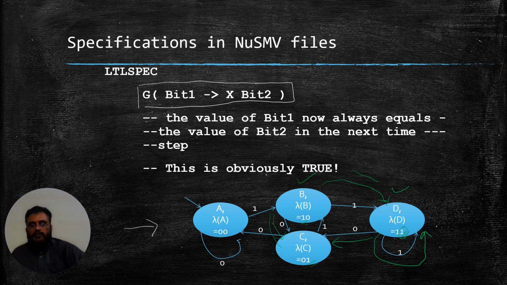Which means on this path also, if in the current state D bit 1 was 1, and if we take the transition and D becomes the next state of itself, then bit 2 is true. So on 3 paths we have checked, and now we check this last path.